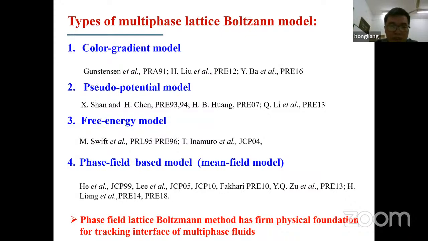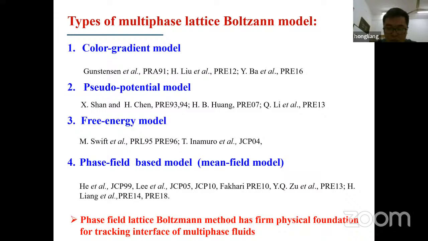Now, nowadays we can see different types of multiphase Lattice-Boltzmann models, which have been developed from different pictures of interactions. The first one is the color gradient models, the second one is the pseudo-potential or Shan-Chen models, the third one is the free energy models, and the last one is the phase-field based models.